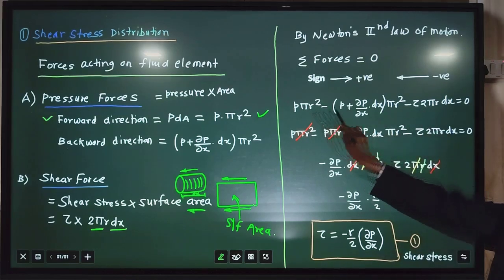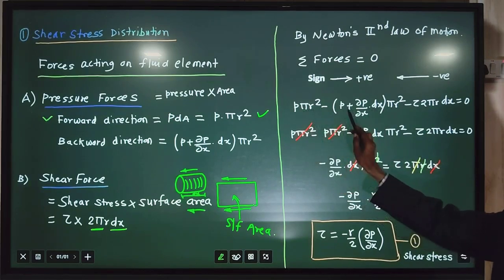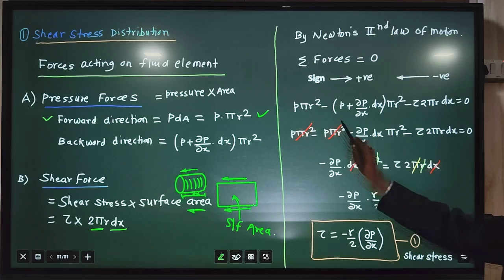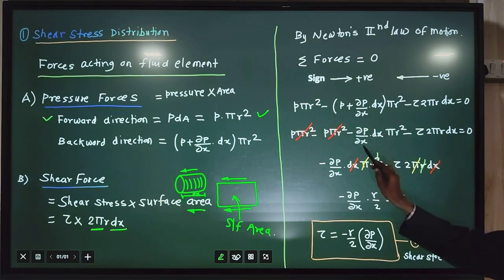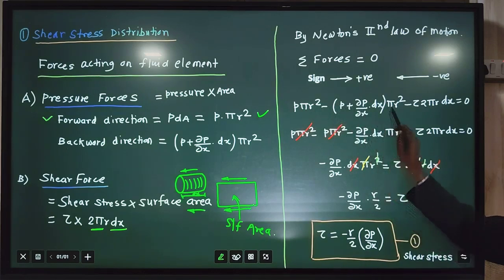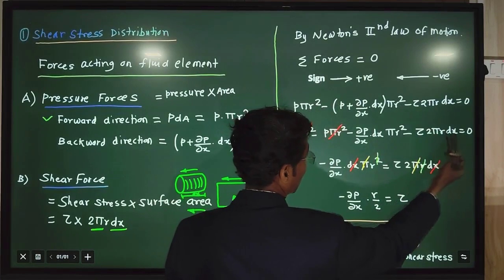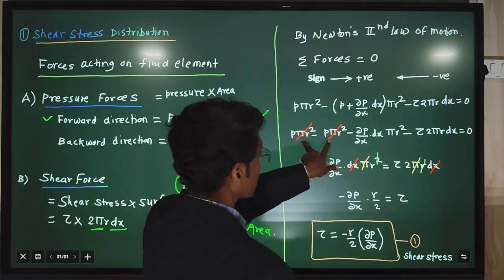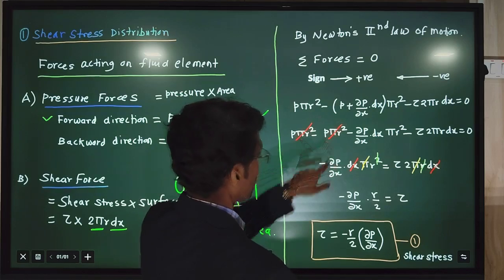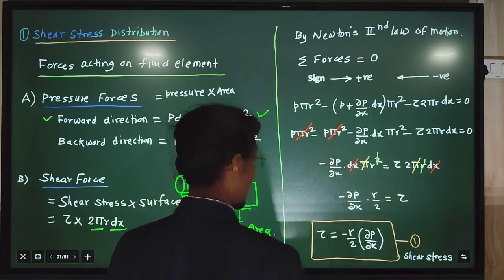Now solving this bracket, we find P pi r square, this term as it is, and P into pi r square comes here with a minus sign, along with delta P by delta X, that is the pressure gradient, into dx, multiplied by this term, P pi r square minus tau into 2 pi r dx, equal to 0. Here we find these two terms are the same, because one has a plus sign and the other a minus sign, they get cancelled.